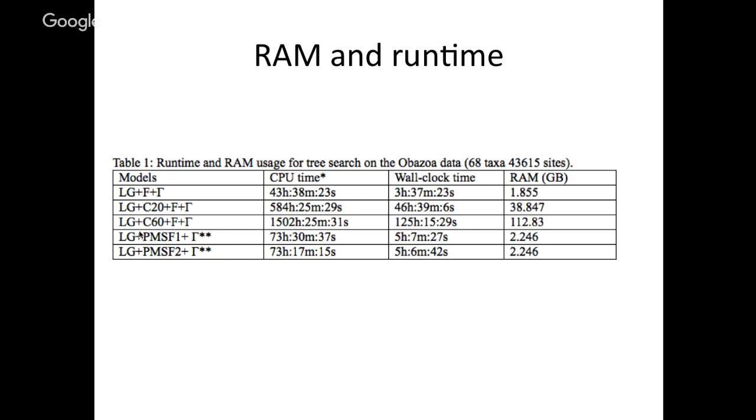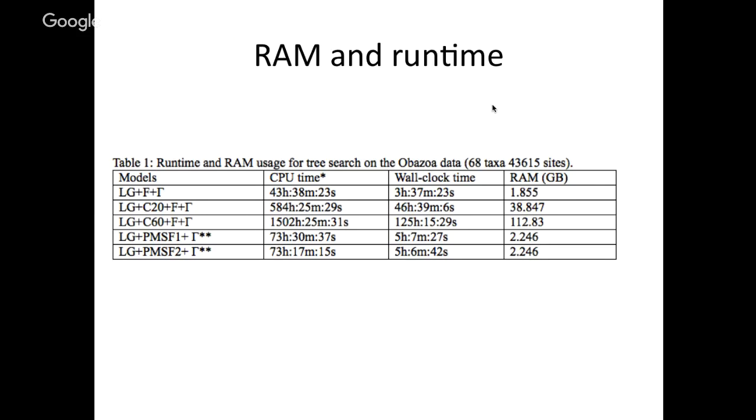And then these PMSF models that we've just introduced are maybe 2 to 3 times, in this case less than 2 times, but often 2 to 3 times slower than the single matrix model, but much, much faster than the mixture models. And the amount of RAM that's required is barely more than the original single matrix model.